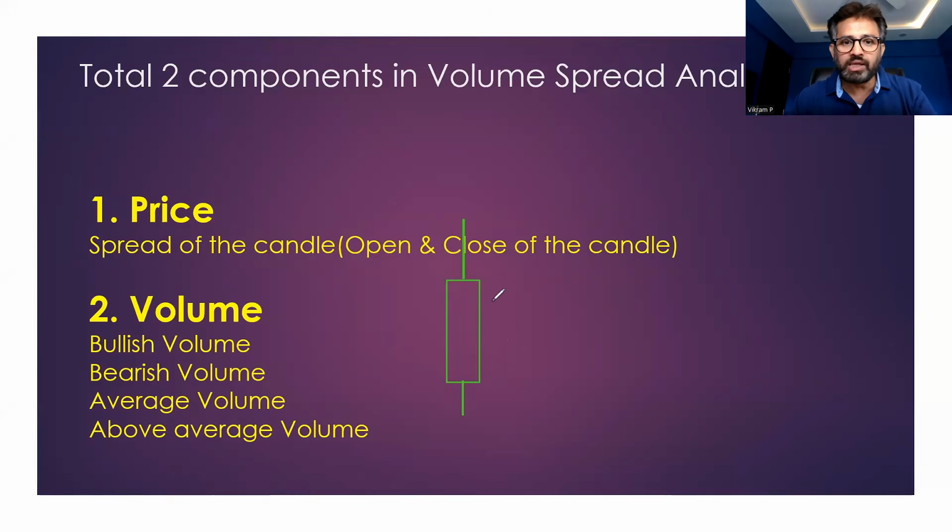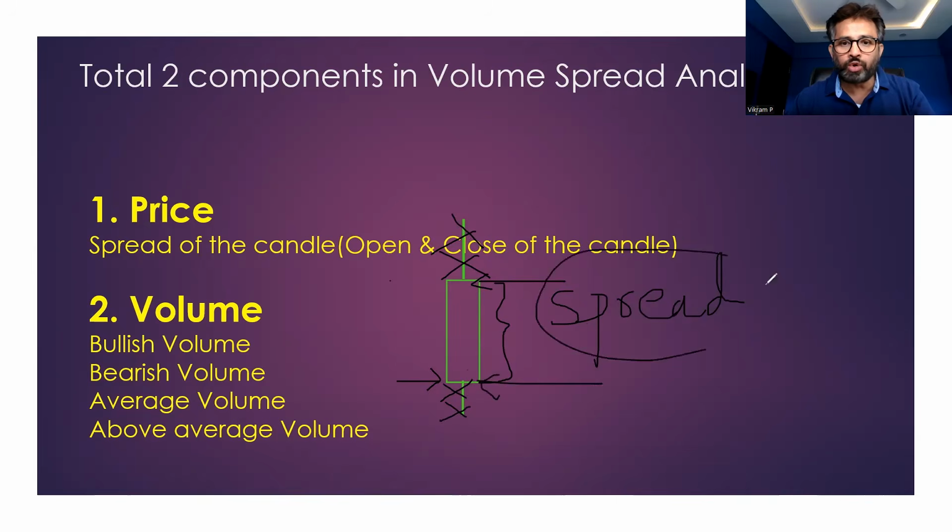The spread in this candle is from the open to the close, and this open to close is called the spread in volume spread analysis. Wicks are not given importance. Importance is given to the open and close of the candle.